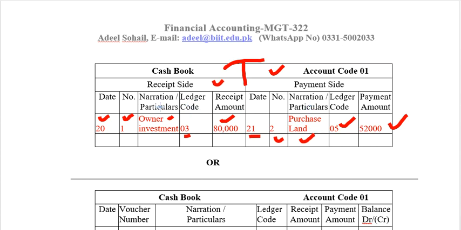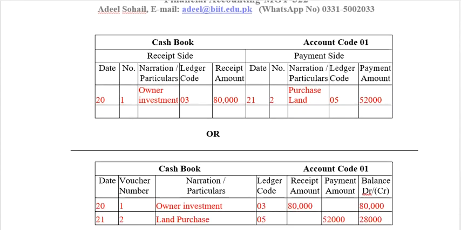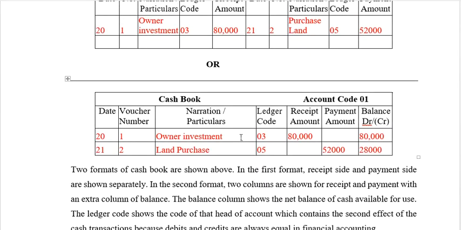Okay, it is a simple cash book format in which the date, voucher numbers, narration, ledger code, and amount are mentioned for the receipt amount. But we can simplify this further, since some things are repeated: the date, voucher, narration, and ledger code. The major difference is just the receipt amount and the payment amount.